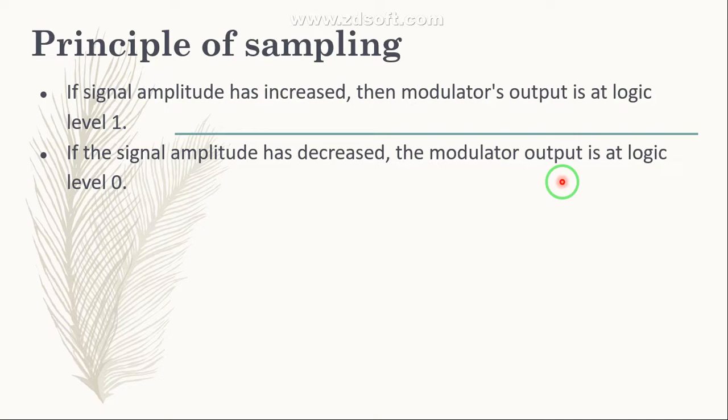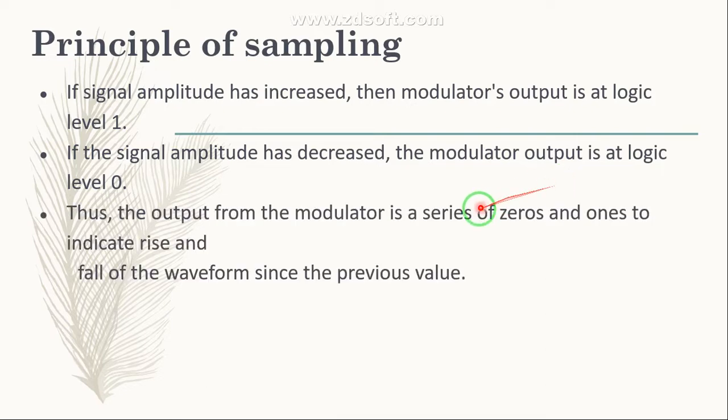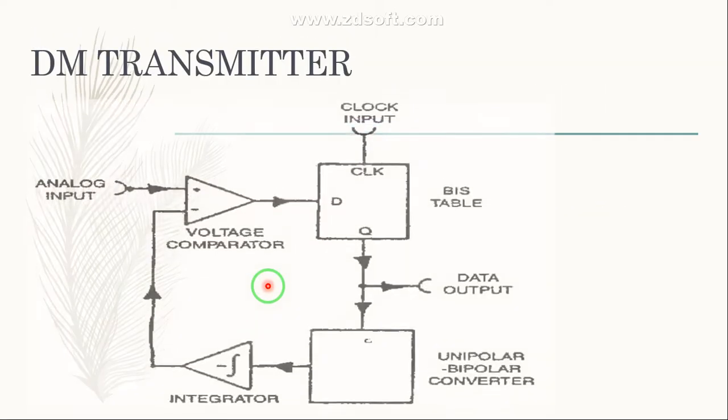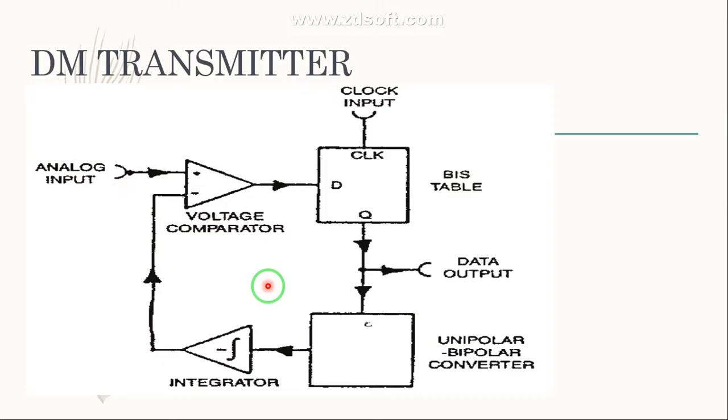Hence the output from the modulator is a series of zeros and ones, which indicates the rise and fall of the waveform since the previous value. You can see the arrangement of the delta modulator and demodulator in figures 1 and 2. So this is figure number 1.